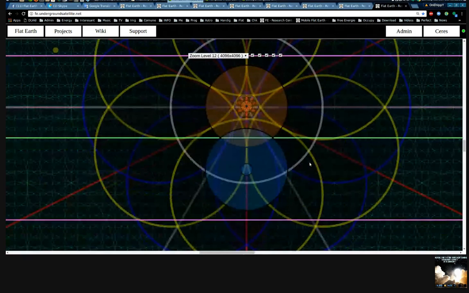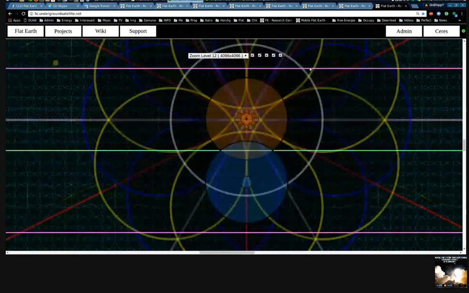Mm-hmm. Now the pink is the tropicals. The center of their crossing point of their analemma is where the center of their circle is. So they're exactly their opposites.